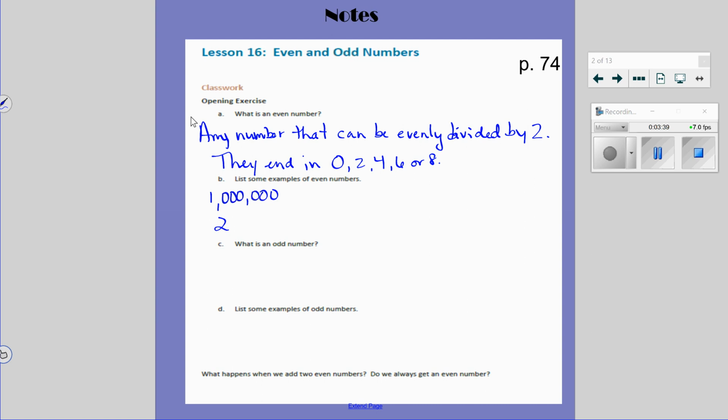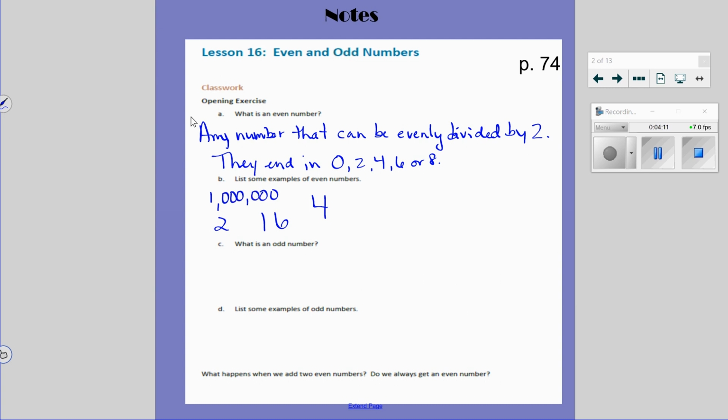Let's get a couple more. 16? 4. So, the bottom line on this, doesn't matter how many digits the number has. No, it doesn't matter how many zeros are in the number. Doesn't matter what the number starts with. No, literally, the only thing that matters is what the last number is. Make sense? That defines an even number, okay?